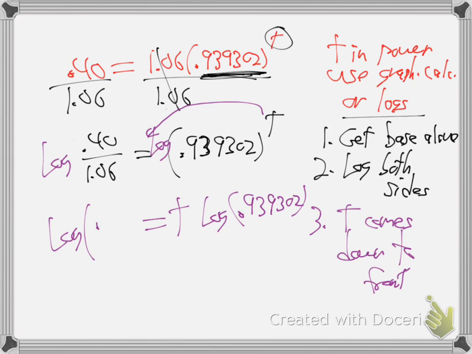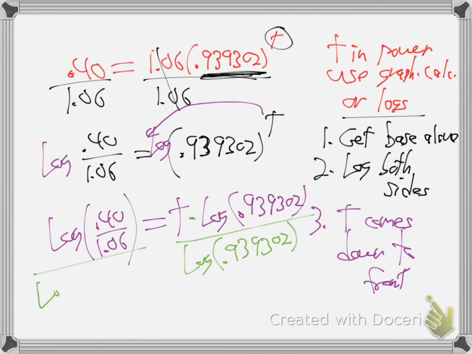The other side hasn't changed. And then the last step. Now that the t's down, out of power, it's cake. The whole problem was t was in power, and we didn't know how to deal with that. But now that t is down on the base level, it's cake. It's just t times that log stuff, right? So just divide by that whole log expression.